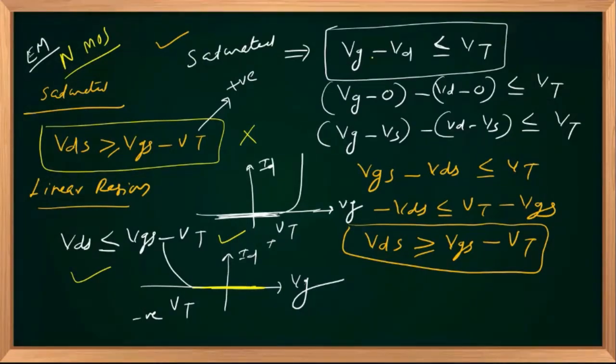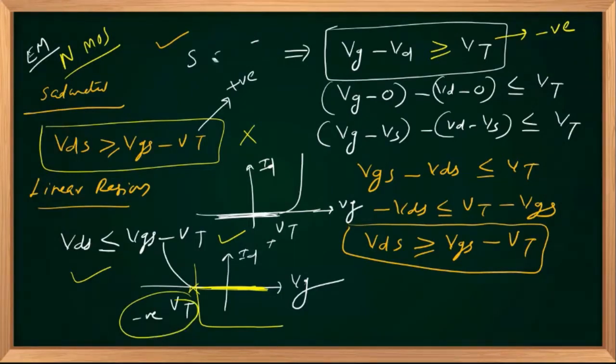So your VG minus VD should be how much? In this region, all this region, left side, right side of this point is a greater value, right? So VG minus VD should be greater than or equal to VT. And you should be careful. What is the polarity of VT? Negative threshold voltage in the case of P MOSFET.